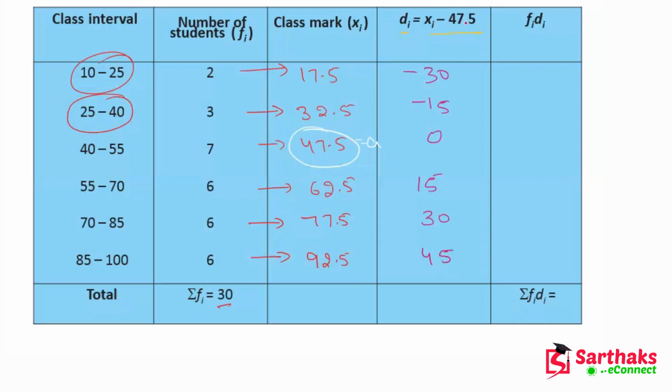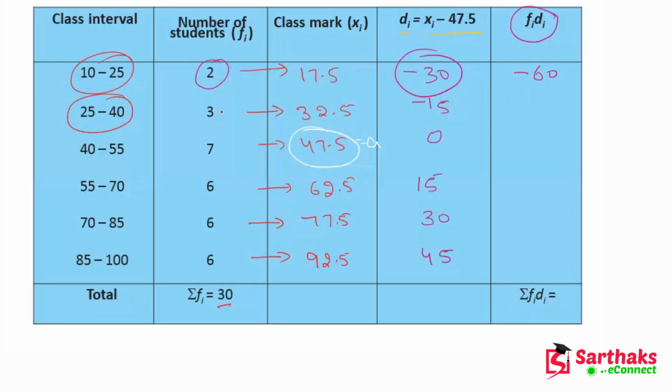So now we have to find fi di, which means we have to multiply this term into this term. We multiply f1 into d1, so we get minus 60.